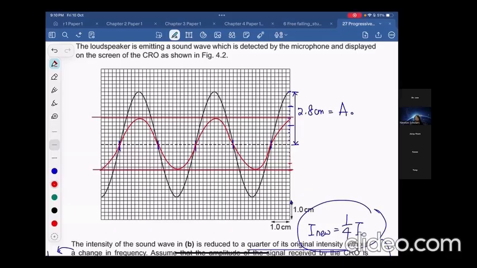Okay. This is my new wavefront. Frequency is the same, but my amplitude becomes half of it. So from here to here, the new amplitude is actually half of the original, so it's actually 1.4 cm.